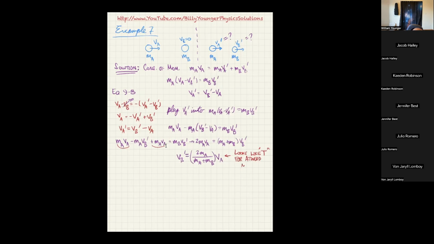The reason why I say that is that's what allows me to keep remembering this result. In the case of the Atwood machine, you had 2 MA MB over MA plus MB, and then it was, of course, times g. But you could imagine one of those g's was being multiplied by one of those masses, so it looks about the same. And that is the actual answer we're going for.